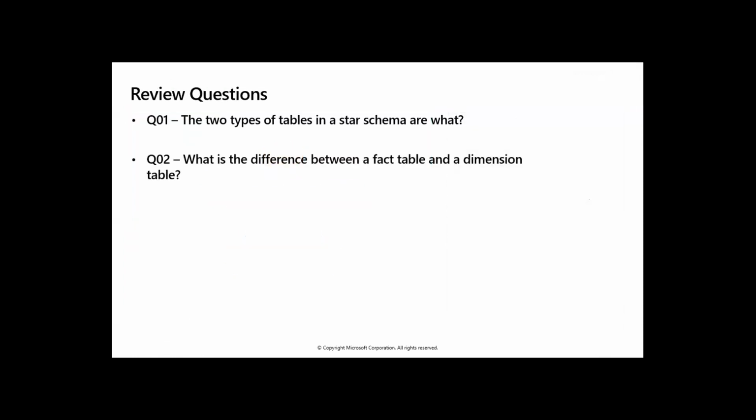So that part, I have two questions to ask you. The two types of tables in a star schema are what? We have fact and dimension. Fact and dimension. Okay, wonderful. Correct. My question 2, what is the difference between a fact table and a dimension table? Fact table is for showing your metrics and your values.